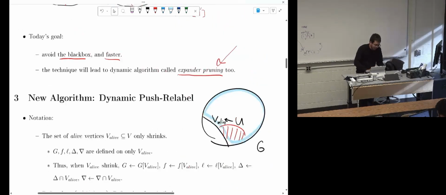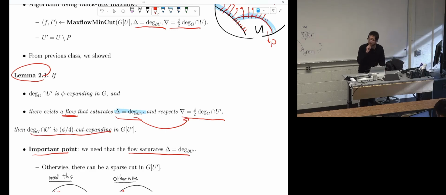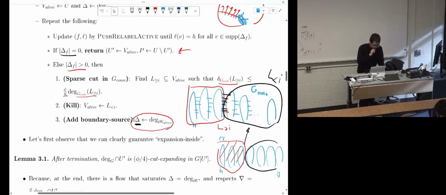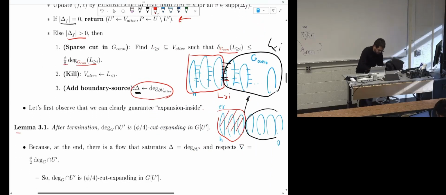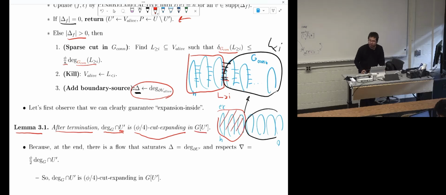And we're just going to use the old lemma which we proved before, that if you can saturate the battery to inside, then you certify expansion. So from now on, I'm going to assume that after termination, we know for sure that we are done: we are expanding inside U prime, because we get the flow sent from the battery of U prime to inside.